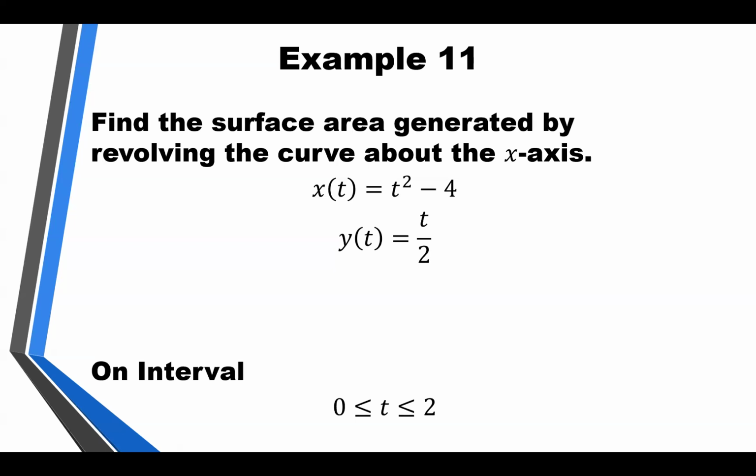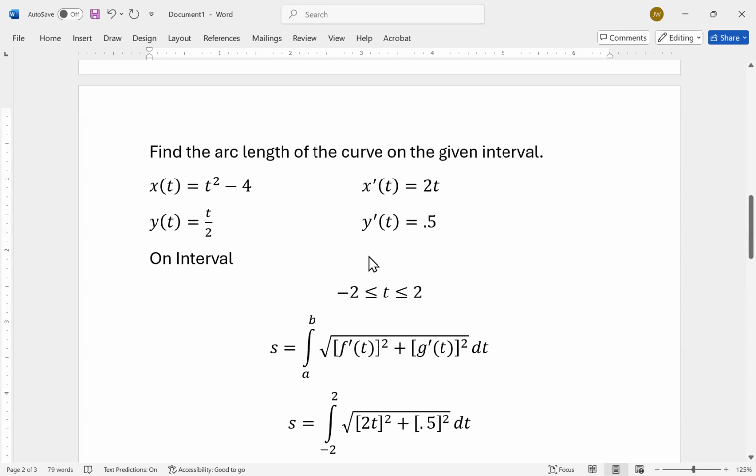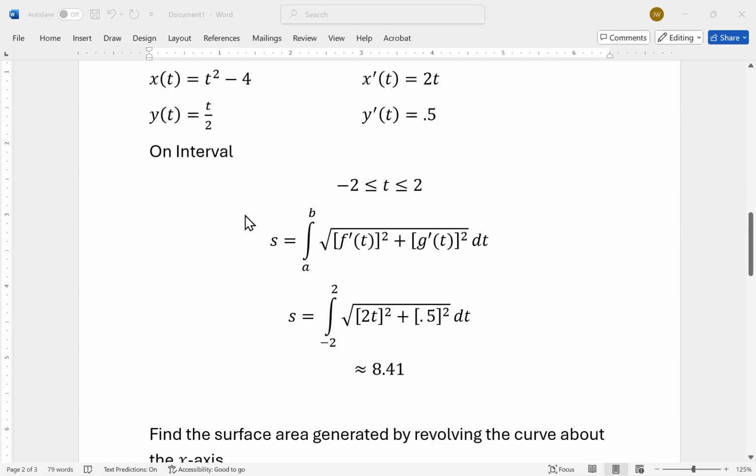So let's find the surface area generated by revolving this curve, that parabola, around the x-axis. And let's do that over the interval from t values from 0 to 2. Now we've already found the arc length, so we've actually already calculated the derivative of x with respect to t, derivative of y with respect to t of this same parametric curve.